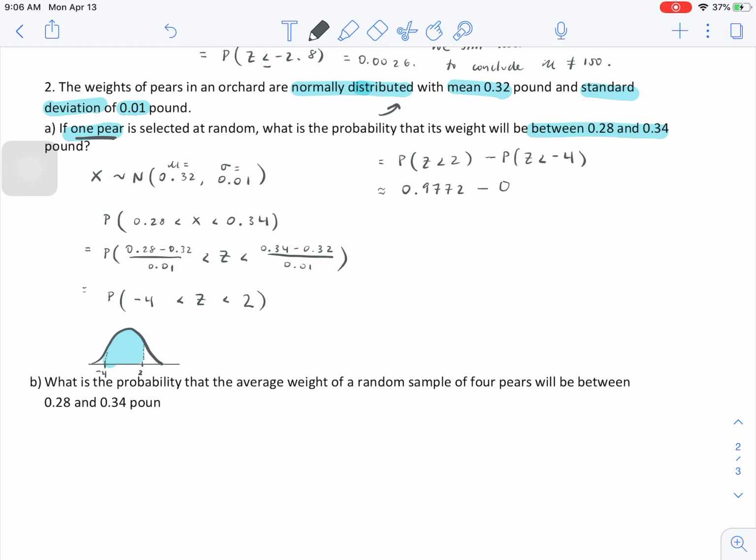So the probability that a single pear will have a weight between 0.28 and 0.34 pounds is 0.9772, or about 98%.